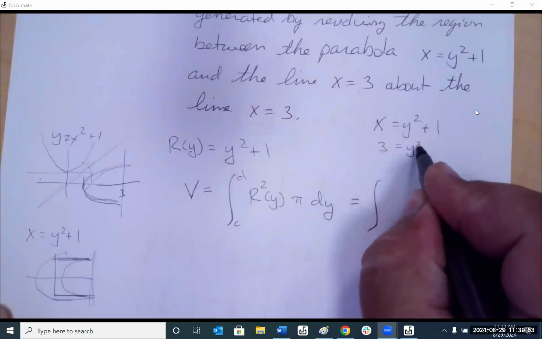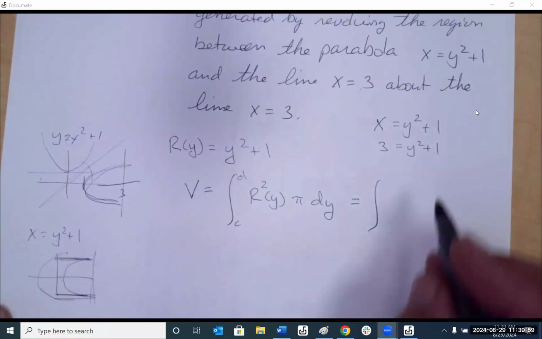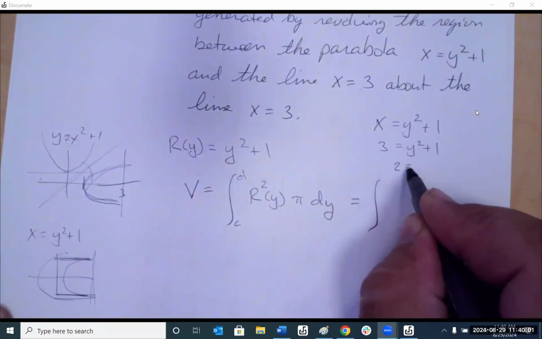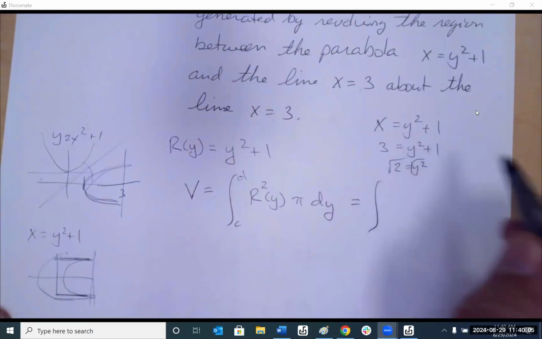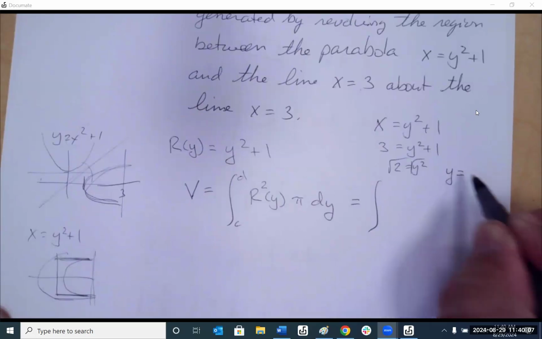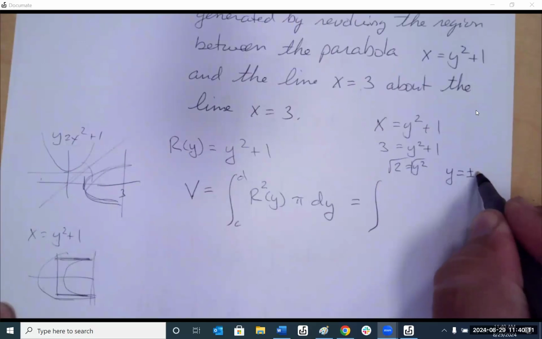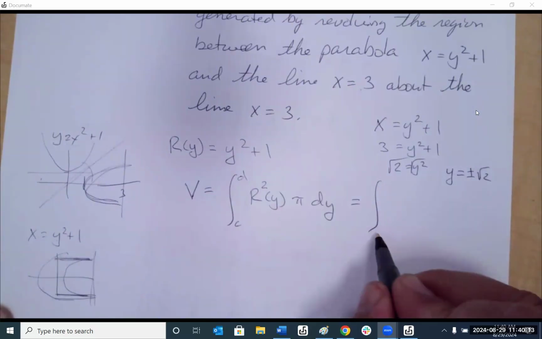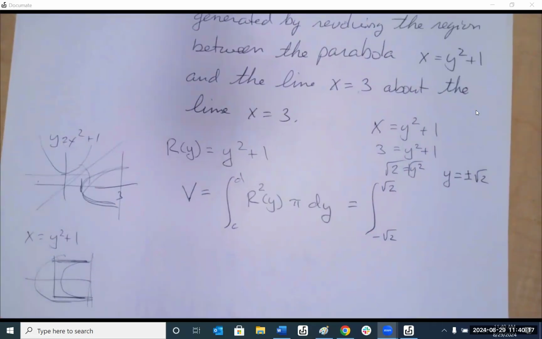So when x is 3, what is y? Subtract 1. Square root both sides. So what is y going to equal? Plus or minus square root of 2. Negative square root of 2 to square root of 2.